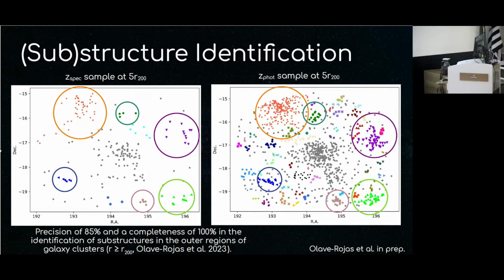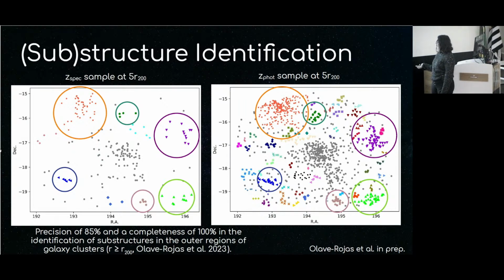This substructure has 1 or 2 galaxies that correspond to galaxies in this substructure. However, I don't say that they are the same substructures.